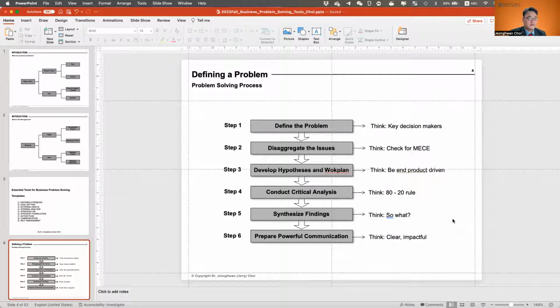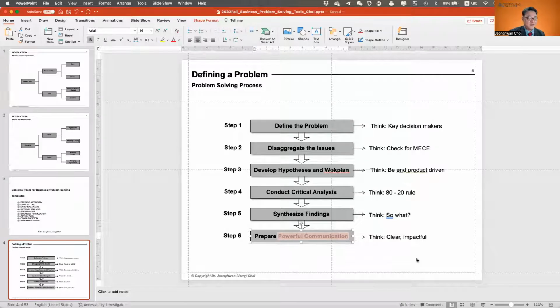Makes sense? Doable? Then, when we choose a few of the most practical ideas, we need to prepare the final stage. We need to prepare powerful communication in order to persuade.